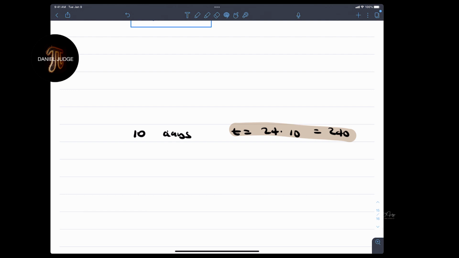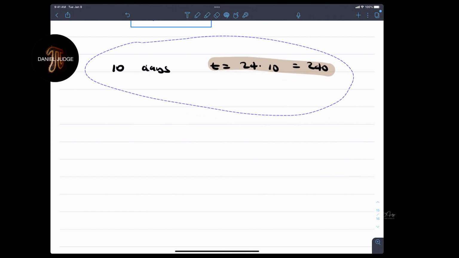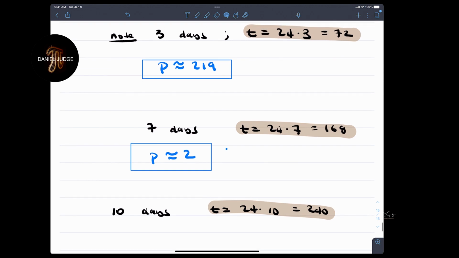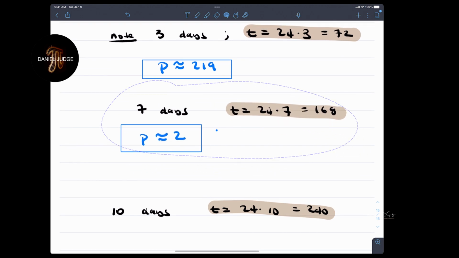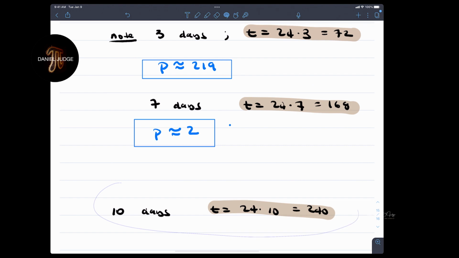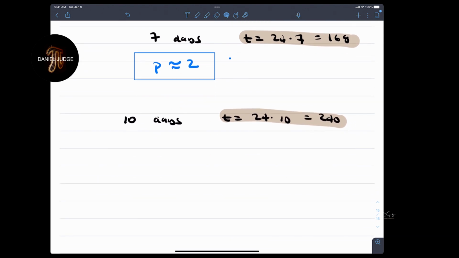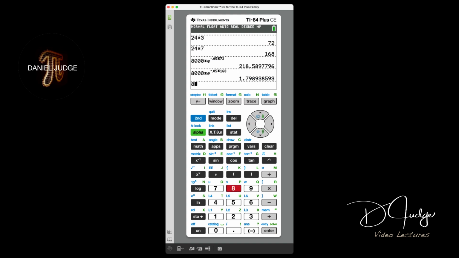And then you say, well, okay, why did they tell me take it for 10 days straight? Well, I don't know. Maybe they say 10 days. I always remember 7. After 10 days, that's 240 hours. Let's see what the TI says. 8,000 times e to the negative 0.05 times 240.